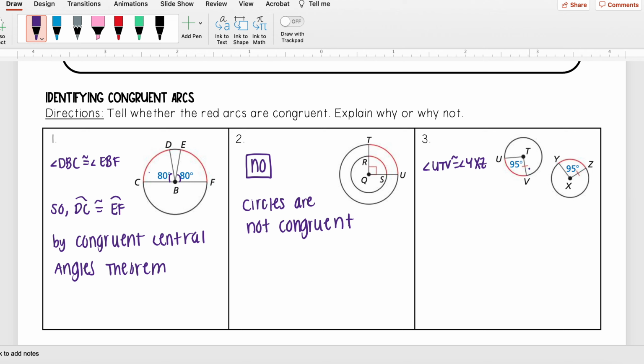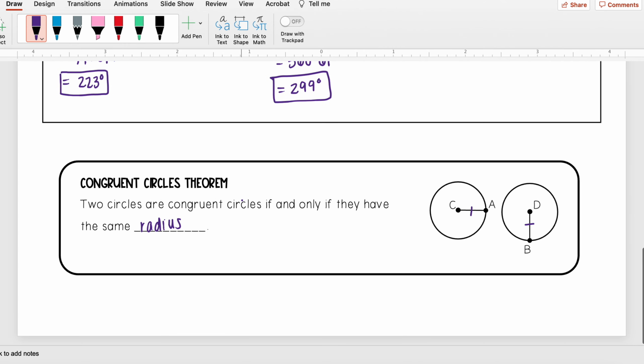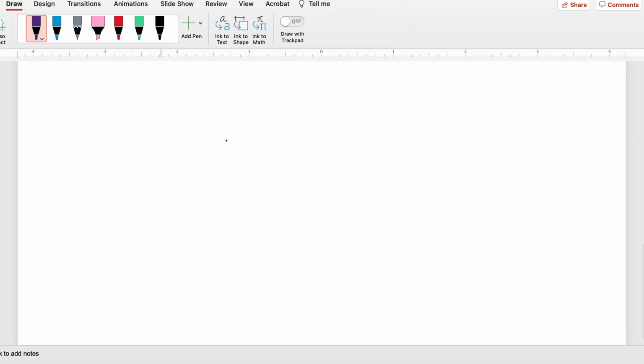And then looking at these two circles, I see from this tick mark that their radius is congruent. And we learned from the congruent circles theorem that if two circles have the same radius, then they are congruent.